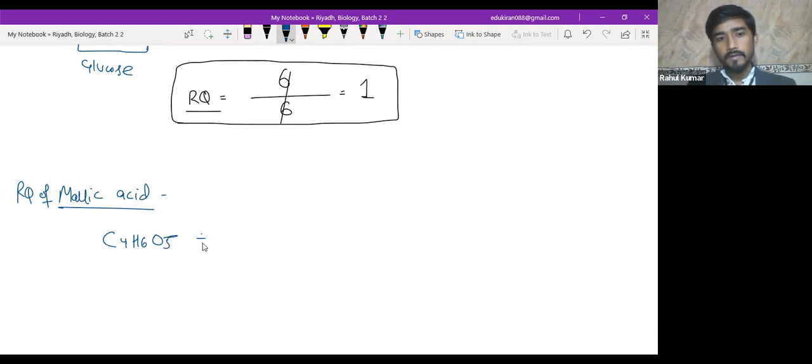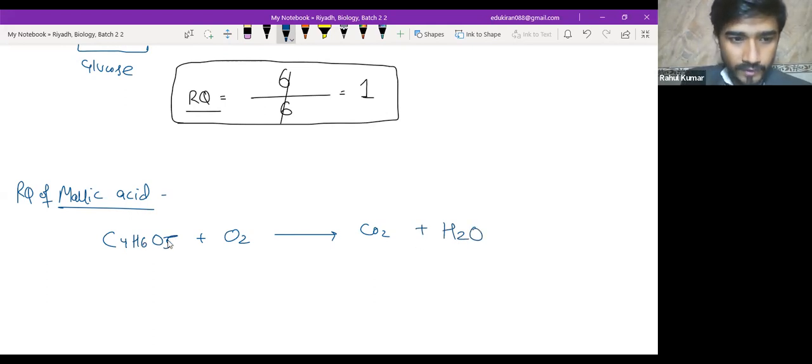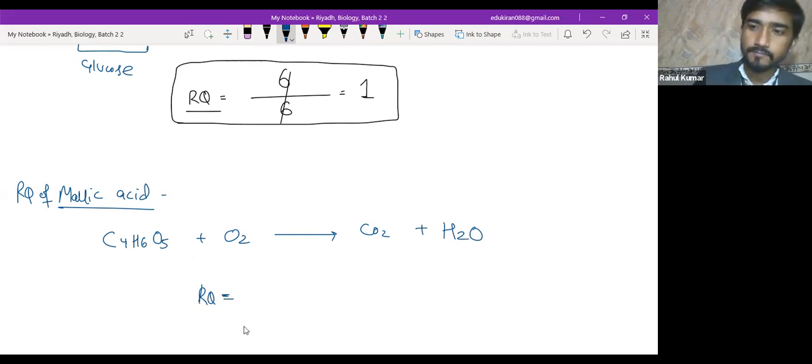And in the presence of oxygen we are converting it into CO2 plus water. So quickly just balance this. This is malic acid. Let me write it clearly. C4H6O5. Can you balance and find the RQ quickly for malic acid? Mariam, are you doing it?